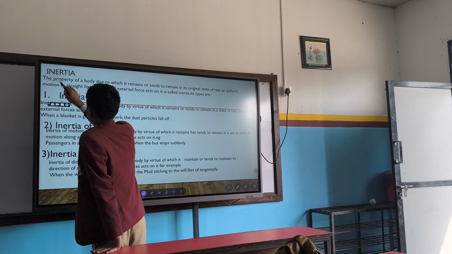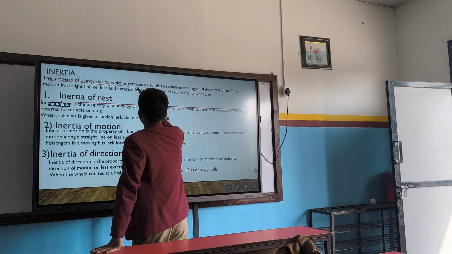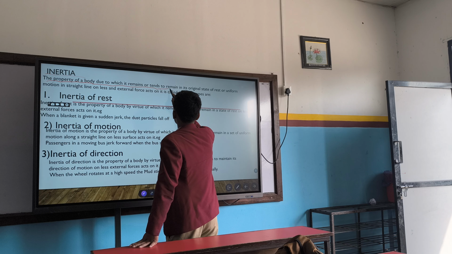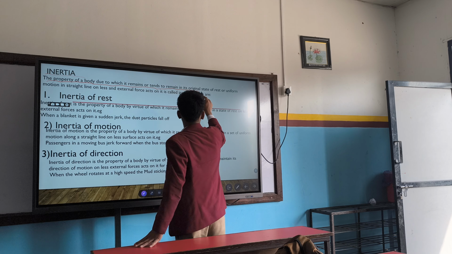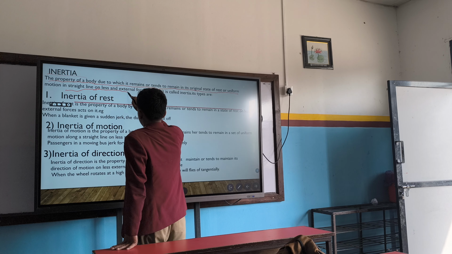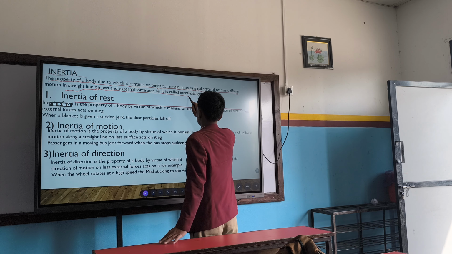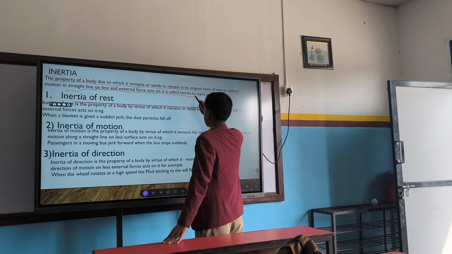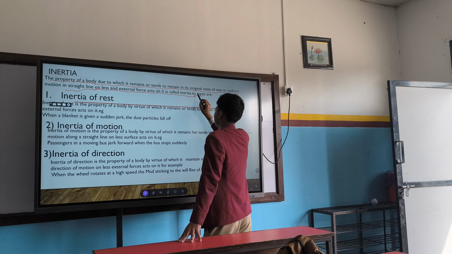Inertia: the property of a body due to which it remains or tends to remain in its original state of rest or uniform motion in a straight line unless an external force acts on it is called inertia.